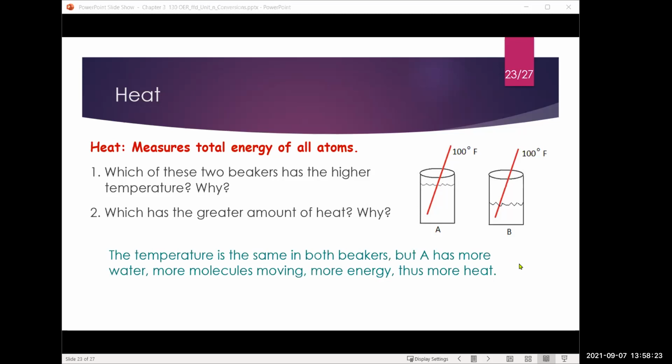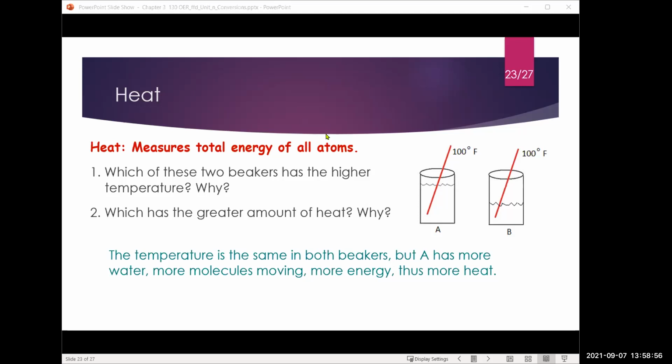And that's why it takes a period of time to bring a big pot of water to a boil for spaghetti compared to a little pot of water to make a cup of tea, because there's more matter in the big pot. It takes more energy to get that pot to boil, and therefore it has a lot of energy and destructive power compared to the little cup.